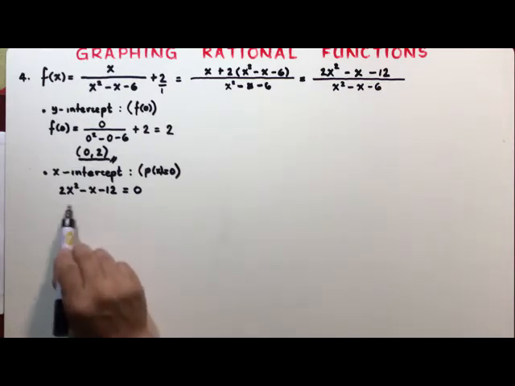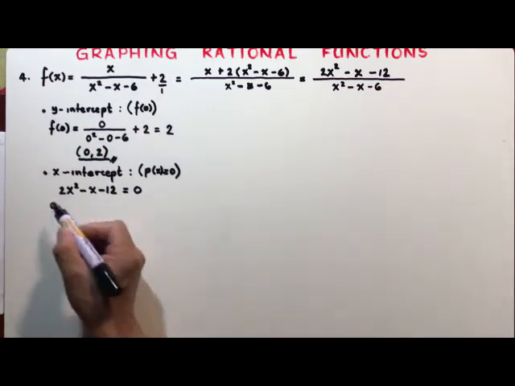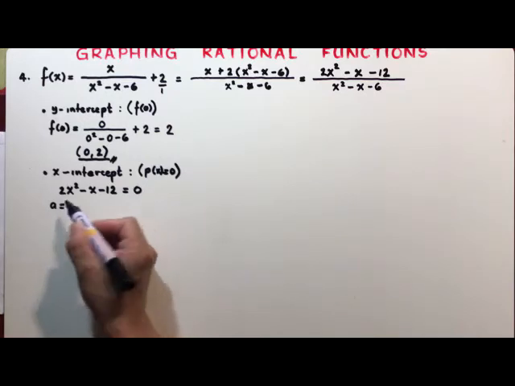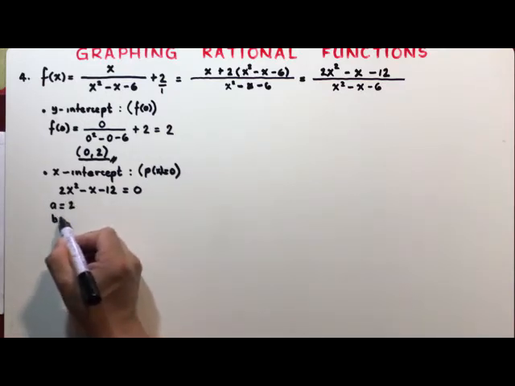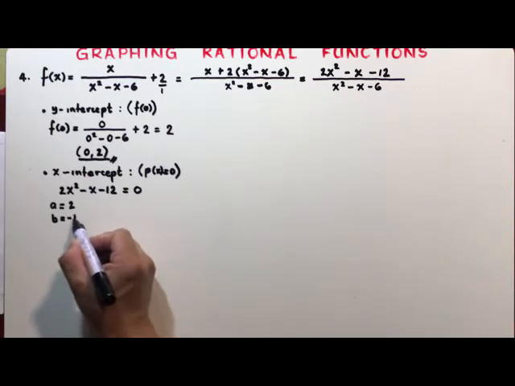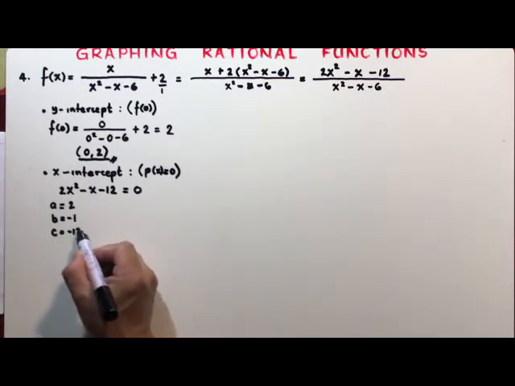This one we find difficult to factor, so we'll use the quadratic formula in finding the roots of this quadratic trinomial. We have a, which is 2, b, which is negative 1, and c, which is negative 12.